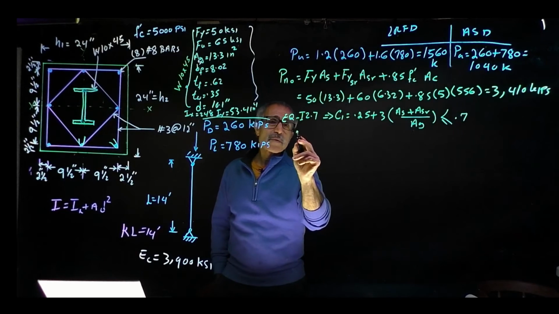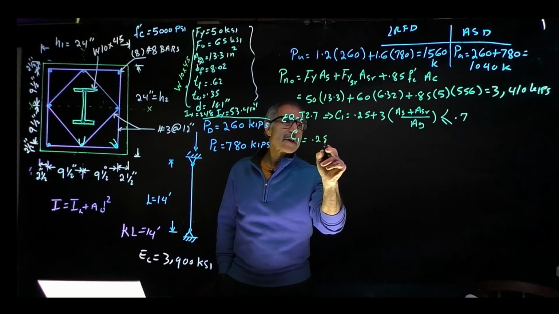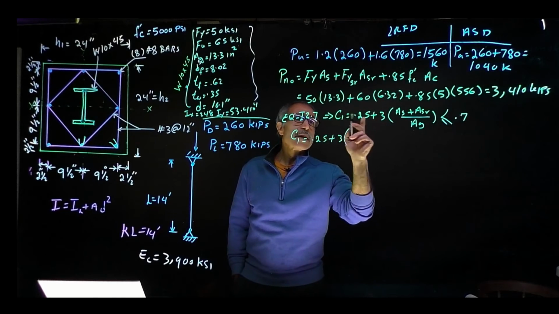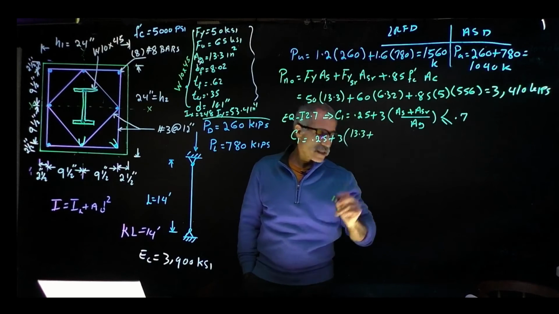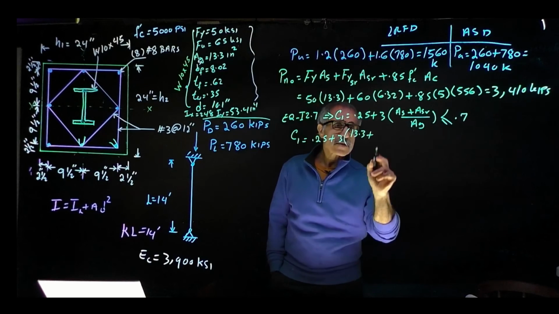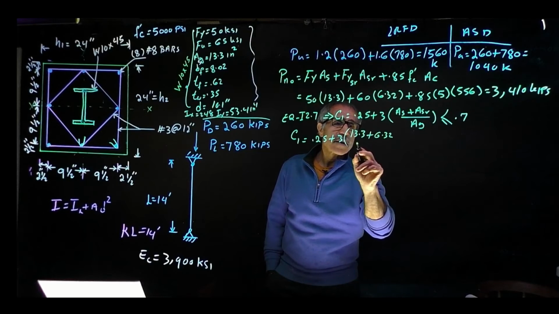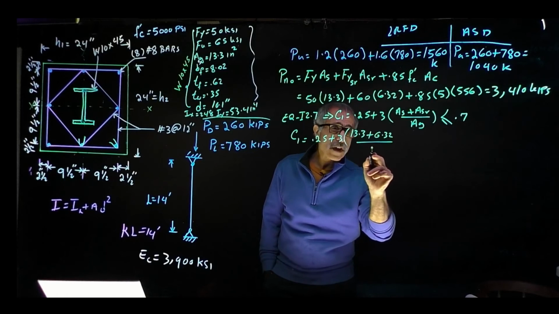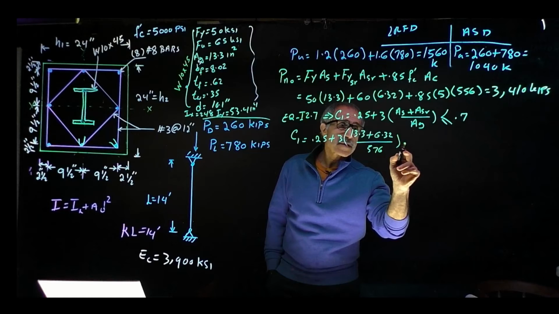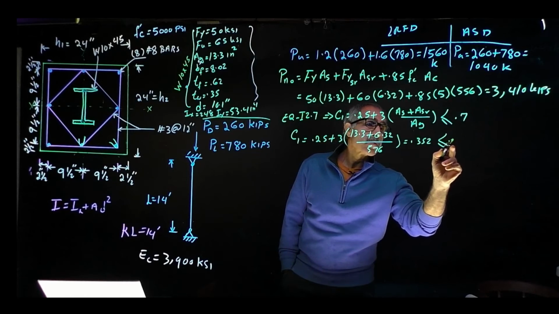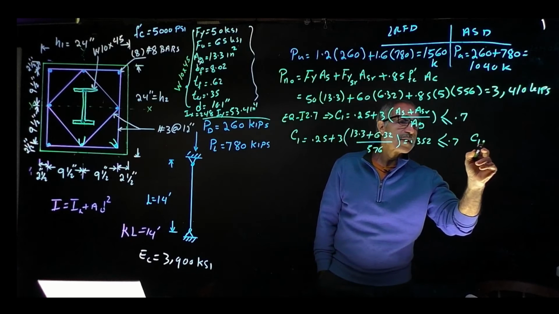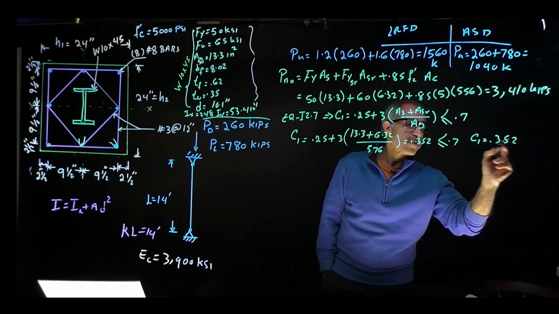And therefore our C1 comes out to 0.25 plus 3 times the area of steel, which came out to 13.3, plus the area of the rebar, which came out to 6.32, divided by the total area, which came out to 576. This comes out to 0.352, which is less than or equal to 0.7. Therefore C1 is equal to 0.352.